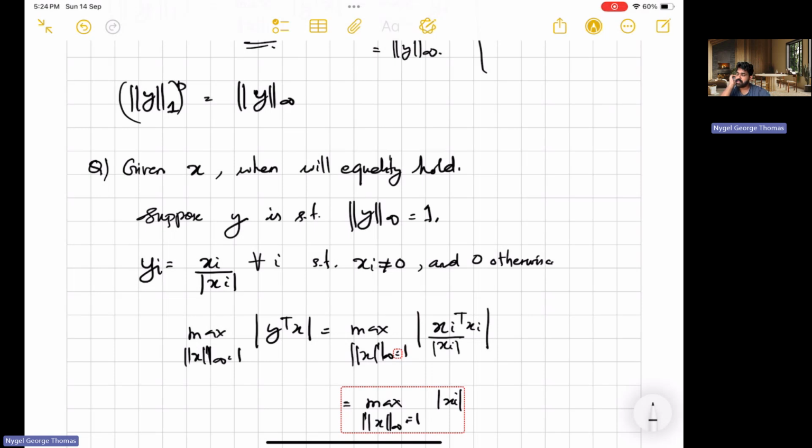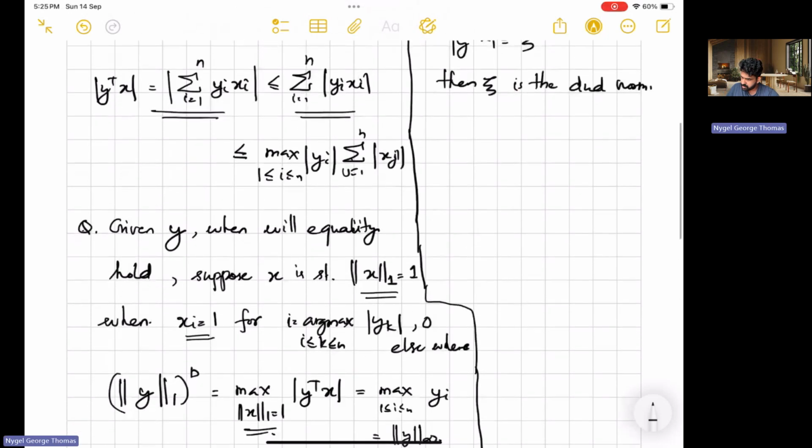What is the max of xi? Did we miss out on something?